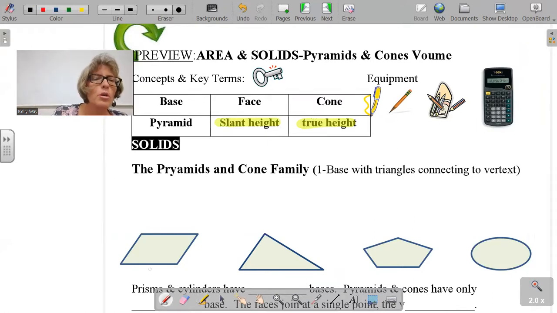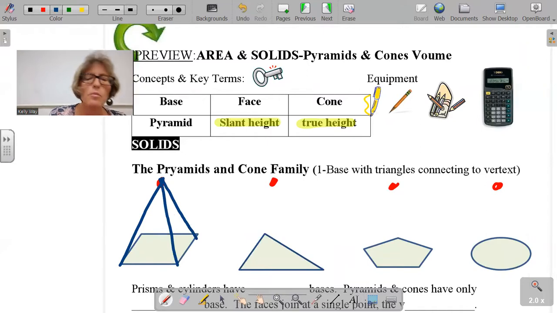Drawing pyramids and cones, you simply start with a vertex. Connect the corners to your base. And remember, edges that can't be seen, you must dot, which technically we have to dot that and not that. Follow along.